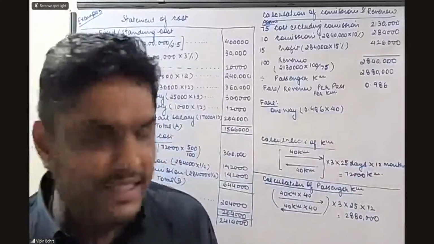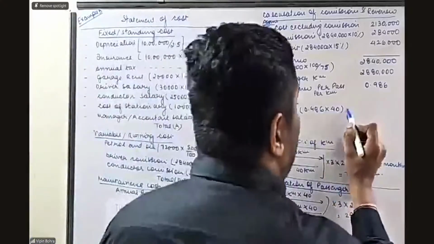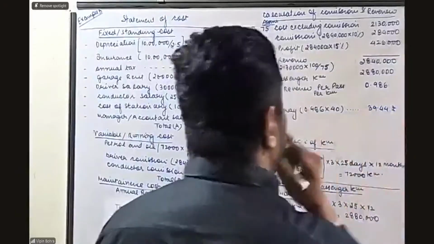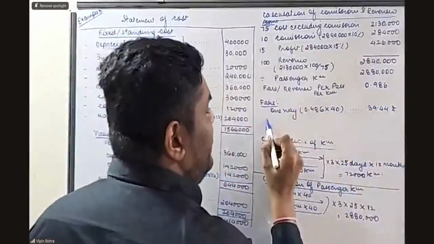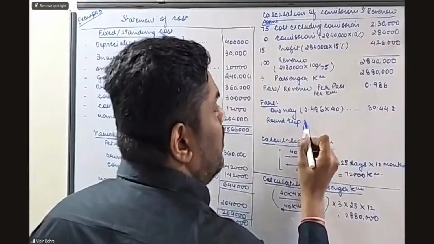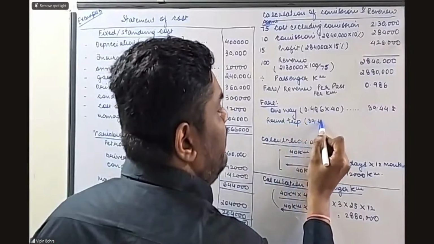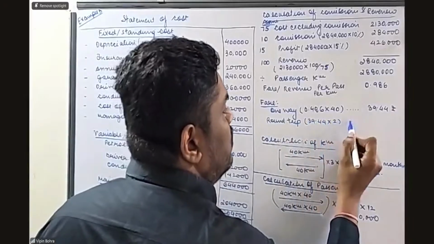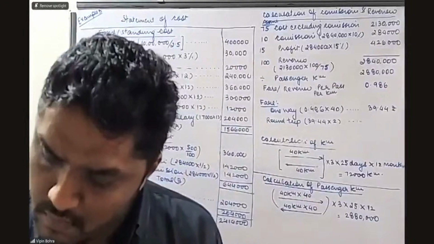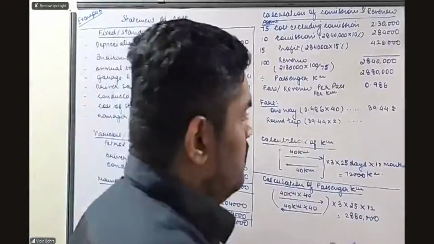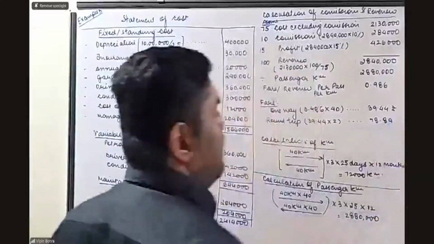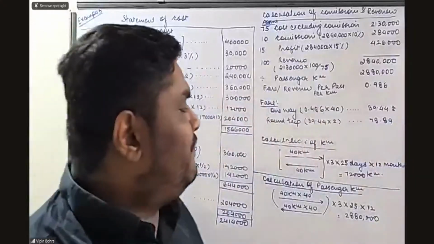So how much fare will we be charging? 39.44. And if we want to calculate the fare for round trip, then it will be 39.44 into 2. So this is the way you have to solve the question.